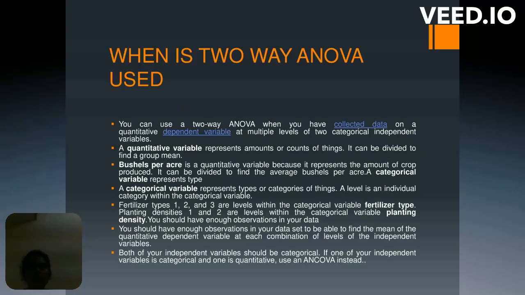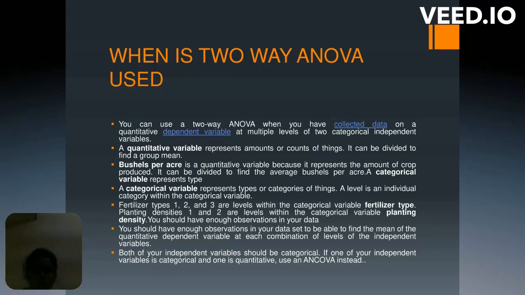So this is one of the examples which we can give for two-way ANOVA. So when is two-way ANOVA used? Two-way ANOVAs can be used mainly when there is collected data and there is a quantitative dependent variable and multiple levels of two categorized independent variables. A quantitative variable represents the amount or count of things which can be divided again. For example, bushels per acre is a quantitative variable because it represents the amount of crop it produces.